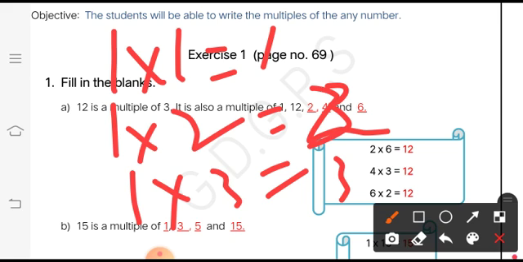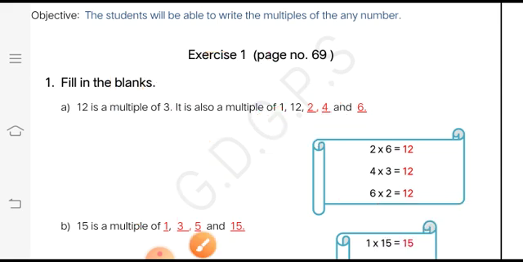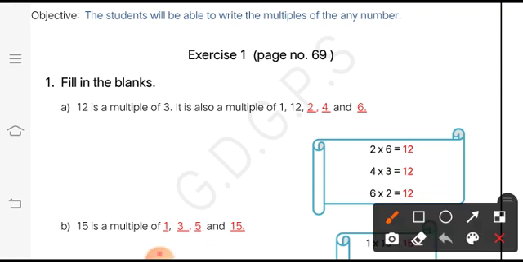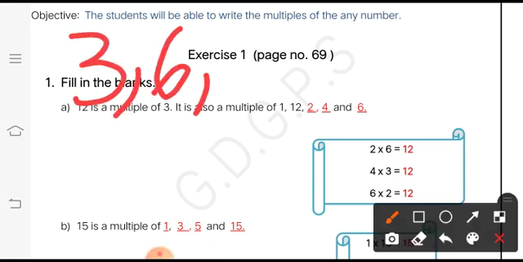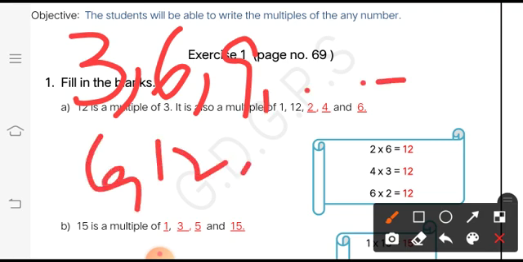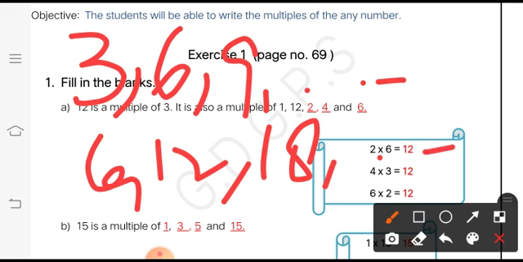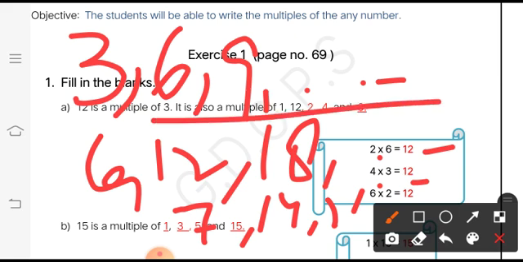Then we had that multiples are always either equal to or greater than the number. If we talk about multiples of 3: 3, 6, 9, and so on. Multiples of 6: 6, 12, 18, and so on. Multiples of 7: 7, 14, 21, and so on. We observe here that all the other multiples other than itself are greater than the number.